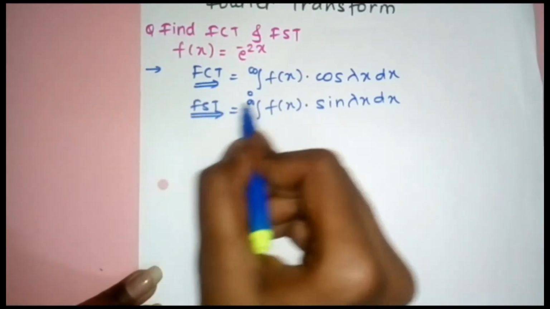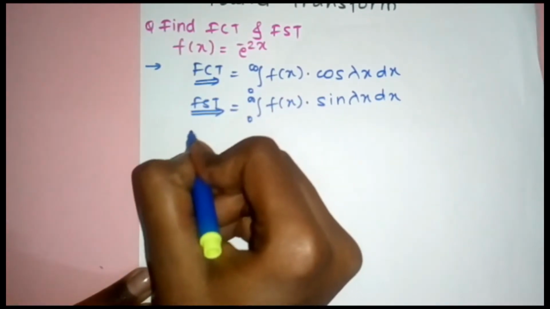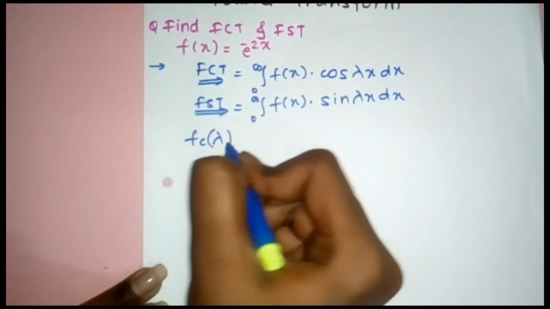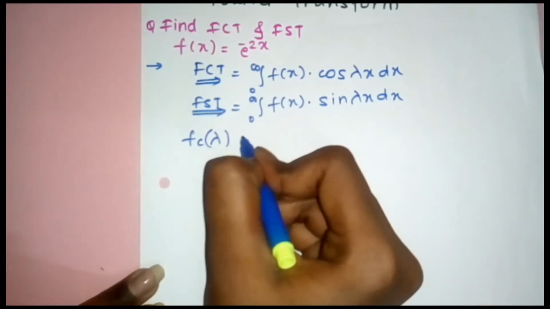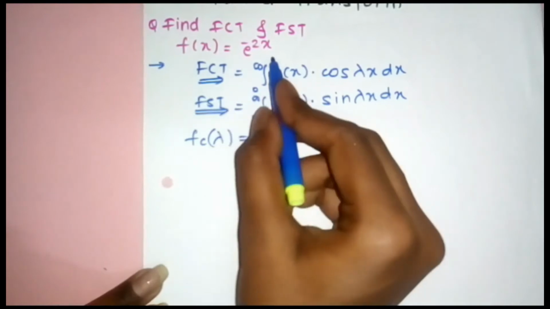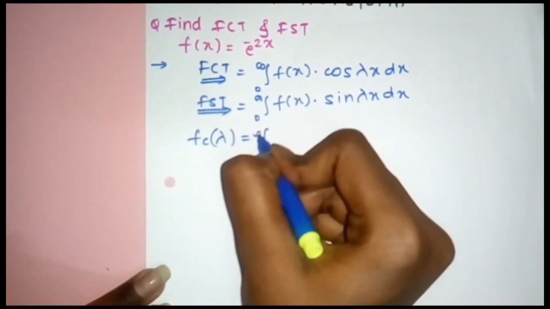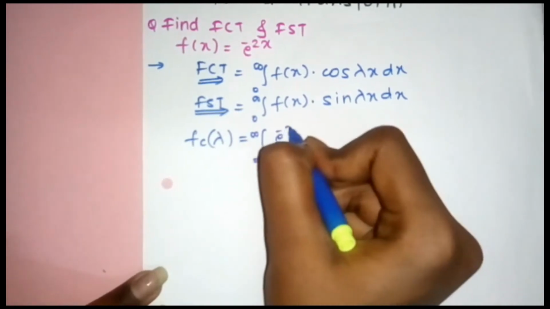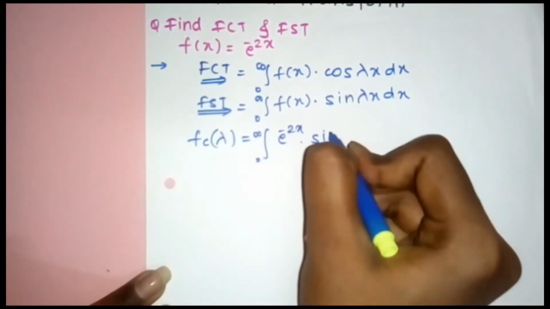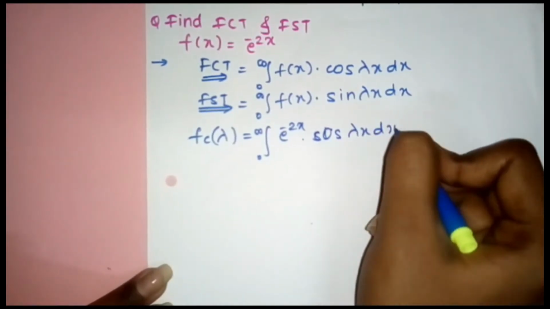So now after this we'll first find FCT. FCT is basically FC of lambda that we have to find. So it is equal to, we'll substitute the value in place of f of x, we can write e raised to minus 2x. So we'll write integration of 0 to infinity e raised to minus 2x into cos lambda x dx.